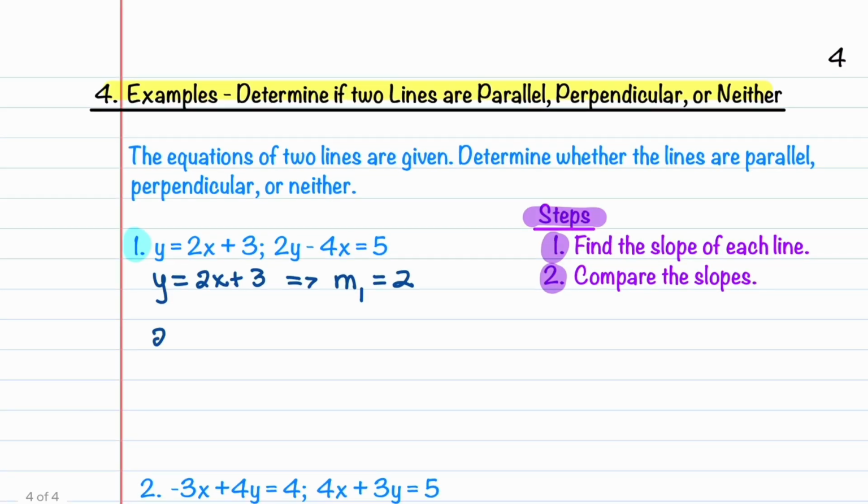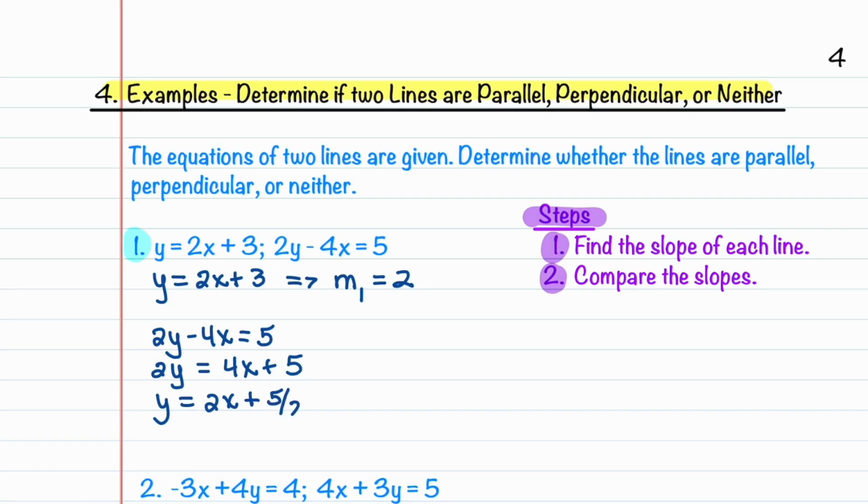Now let's look at our second equation. Our second equation is 2y minus 4x is equal to 5. We need to solve for y to find the slope. So we have 2y is equal to 4x plus 5, moving the 4x to the right. Now we're going to divide each side by 2, and we get y is equal to 2x plus 5/2.